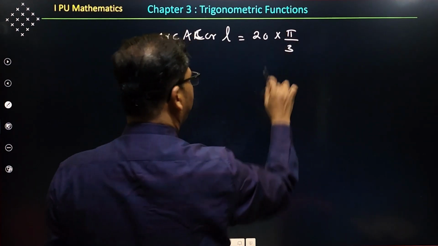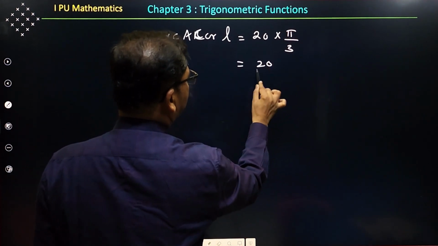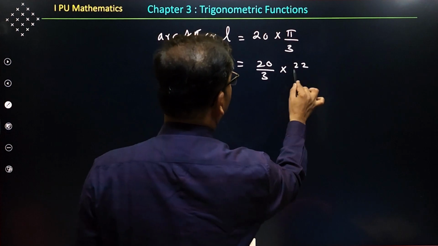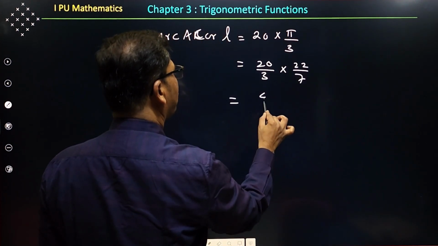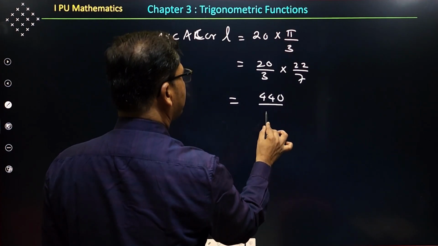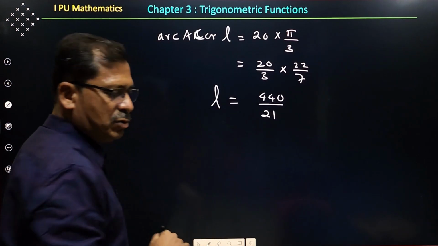Radius is 20, pi by 3 is the central angle here. So 20 divided by 3 you separate, and pi is 22 divided by 7. Next simplify this: 22 twos are 44, 440, and 3 sevens are 21. So it gives you the length.